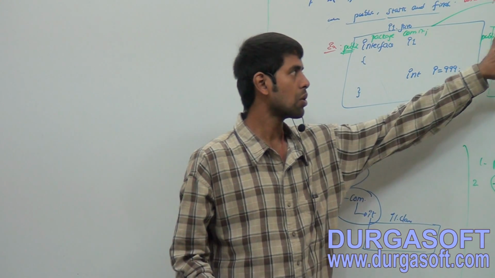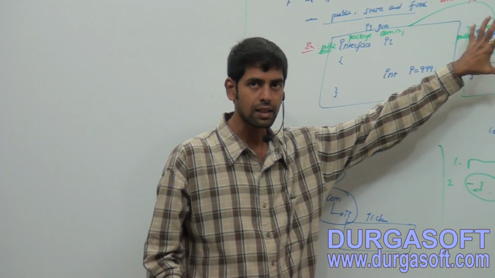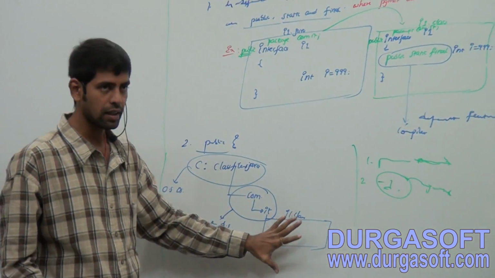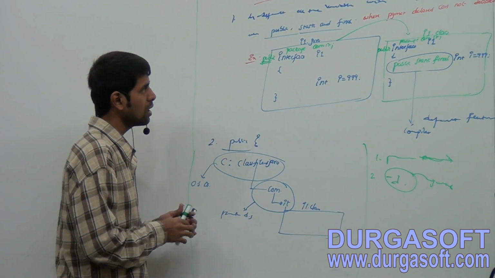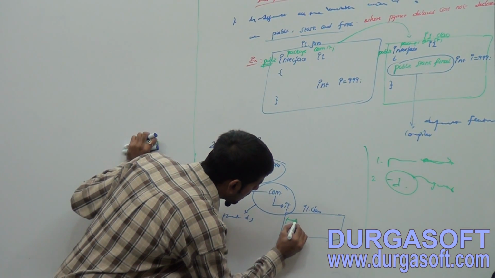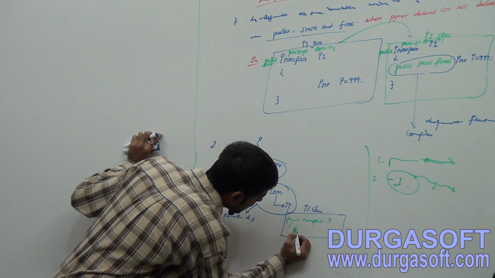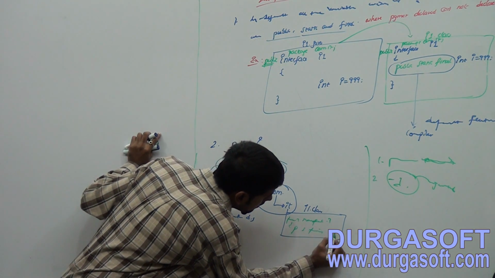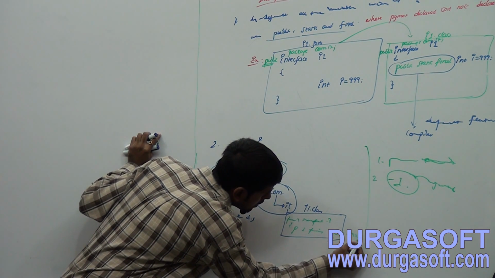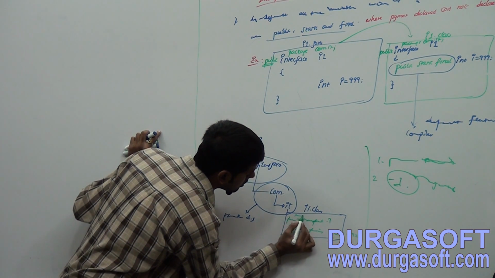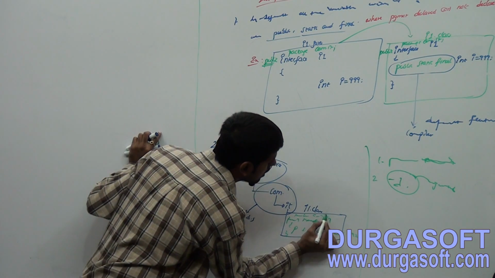Whatever code is available here is the same code: public interface I1, having public static final int i equals 999, and package com.it.